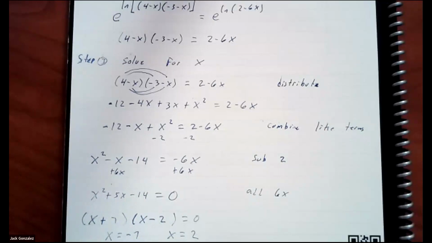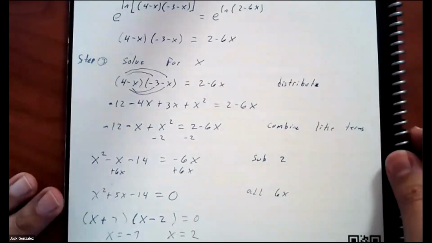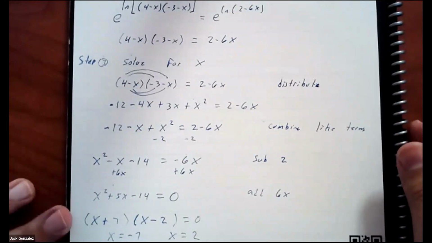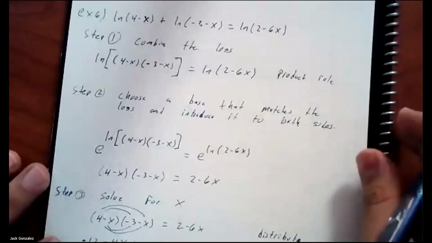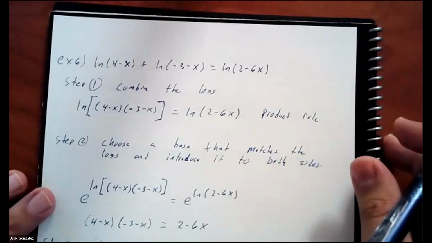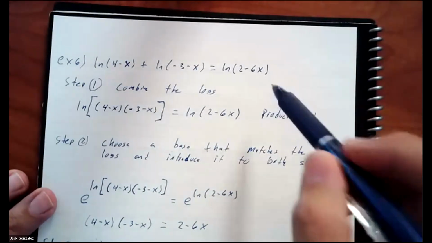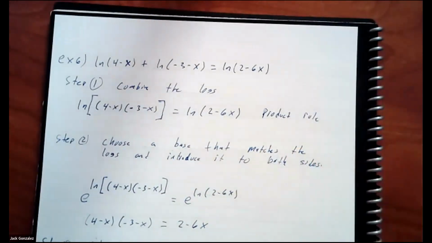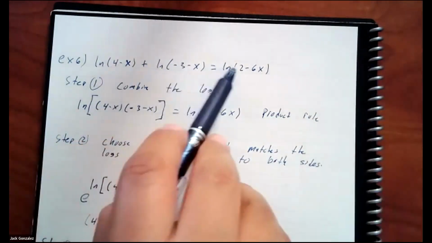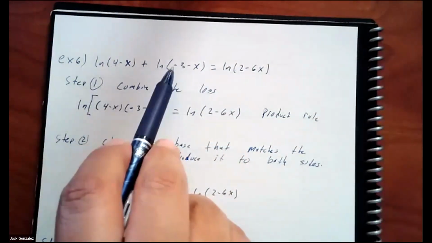Okay. Do those two solutions work? I don't think -7 works. Let's look at the original question. The annoying part about log equations is when you finish solving for x, you have to check whether they are solutions. You plug them in and see if you get anything undefined.